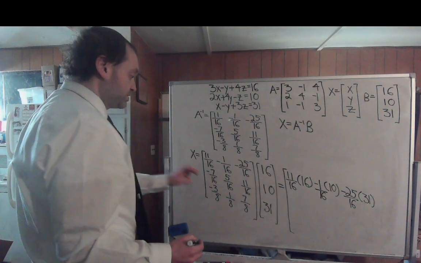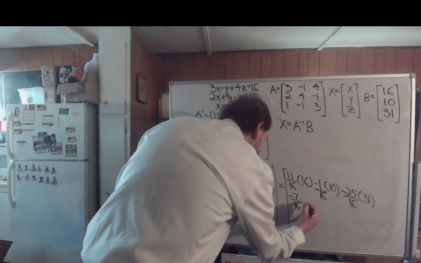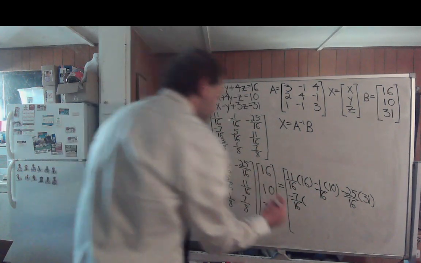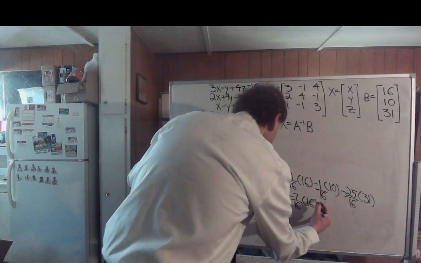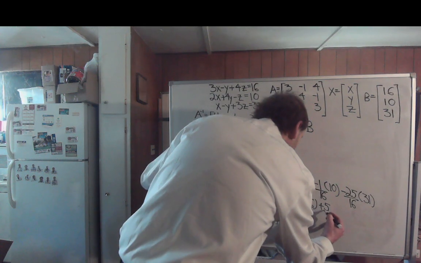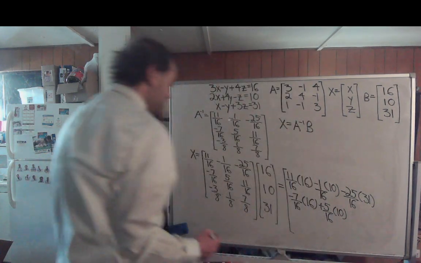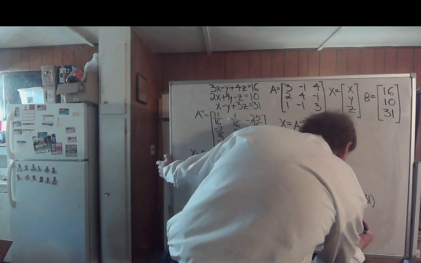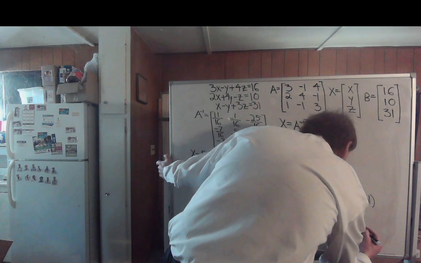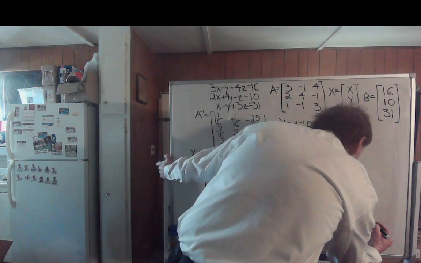Second row, you'll take negative 7/16 times your 16 plus 5/16 times your 10 plus 11/16 times your 31.